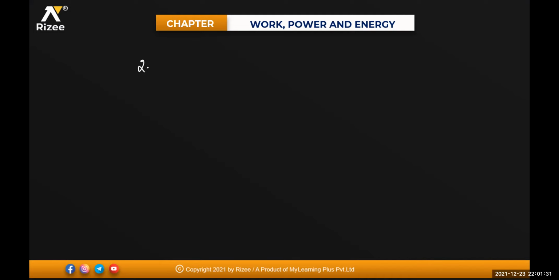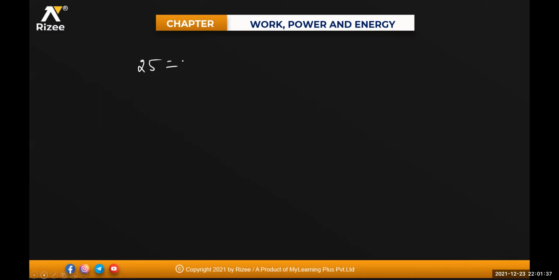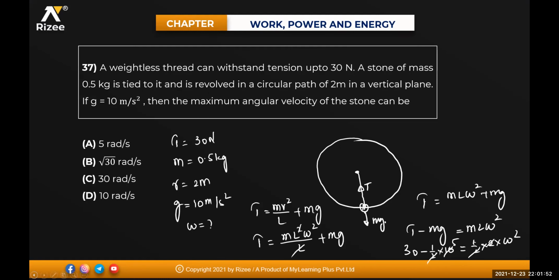So 25 is equal to omega square. So omega is equal to root 25, so omega will be equal to 5 radians per second. Option A. 5 radians per second, A will be the answer.